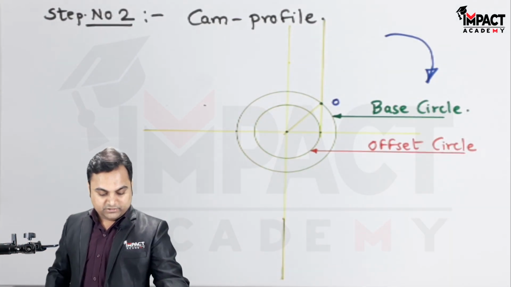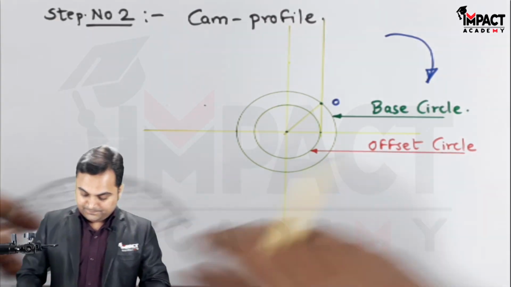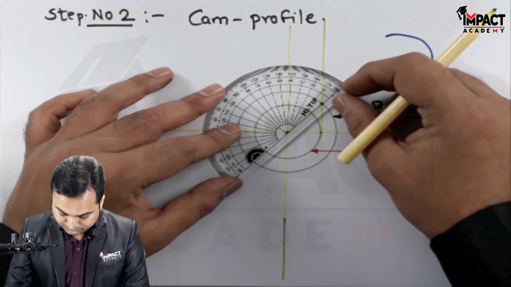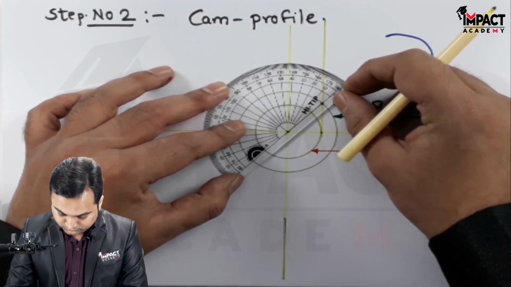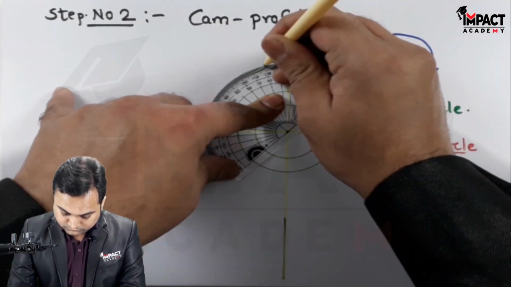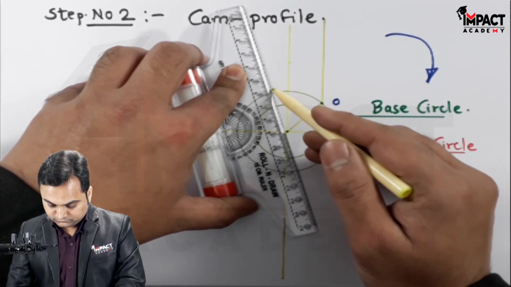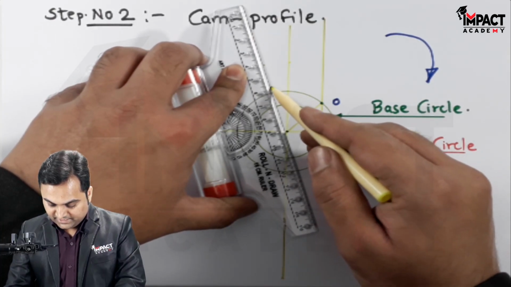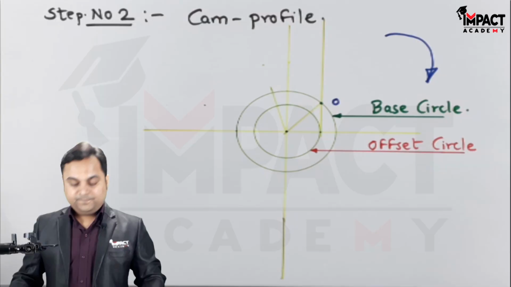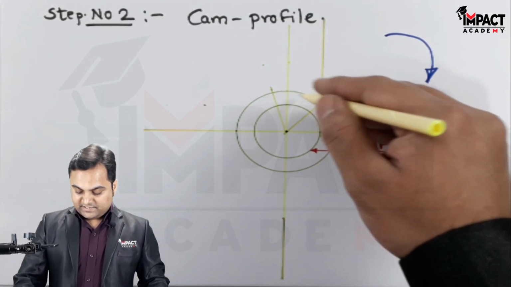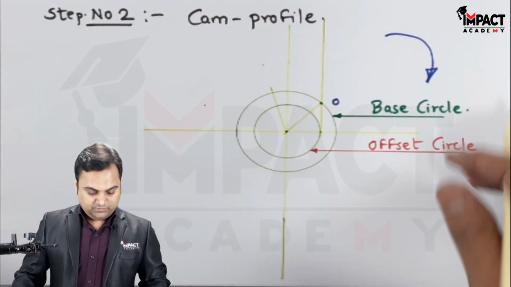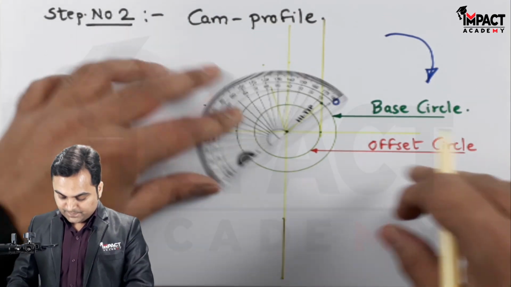So starting with the outstroke, which is 60 degree, measuring this 60-degree angle up to the base circle. Then I'll divide this 60 degree into 6 equal parts by taking 10 degree each.